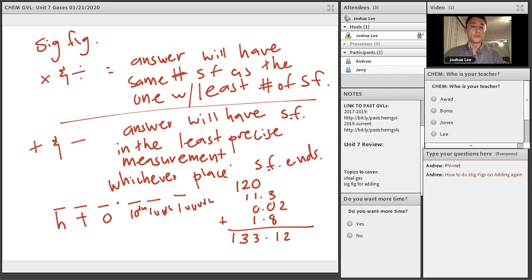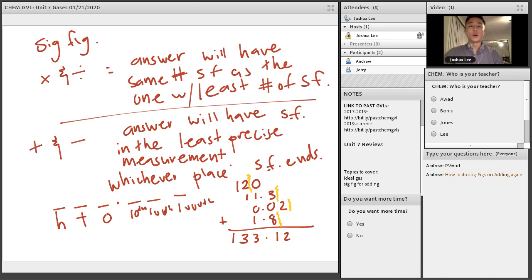For this first number, the 120, it ends in the tens place, because that 0 doesn't count. For the 11.3, it ends in the tenths place. For the third number, it ends in the hundredths, and then the 1.8 also ends in the tenths.